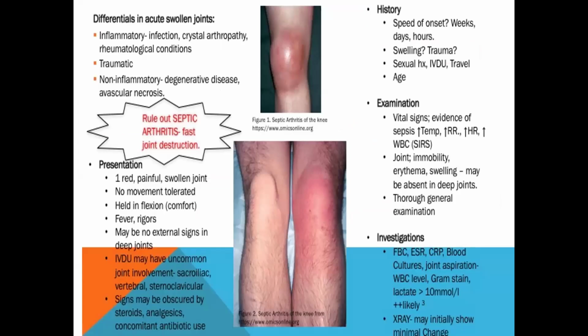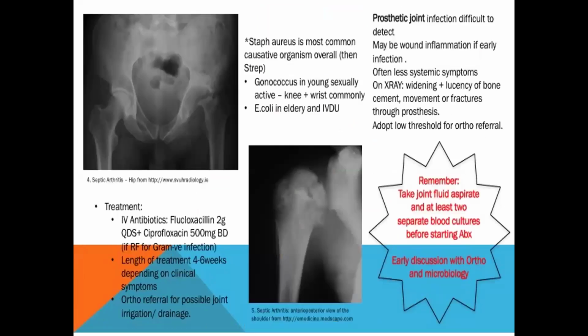Septic arthritis is a medical emergency. I've seen it only once. You have to admit the patient, get full lab work, aspirate the joint, and start IV antibiotics. Also blood cultures to start the antibiotics.